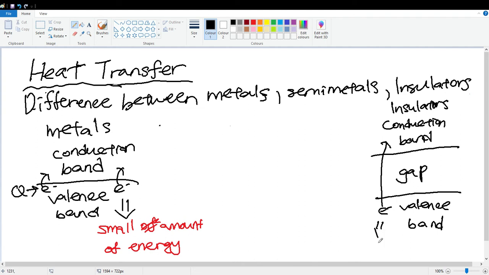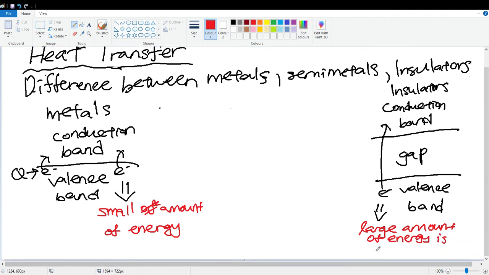So in this case, a large amount of energy is required to enable the electrons to jump from the valence band to the conduction band.